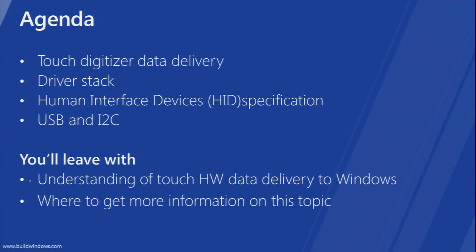Now we're going to talk about two buses that we're concentrating on for Windows 8. That's USB and I2C. And I expect that once this talk is over, the listeners will be able to take away a good understanding of how touch hardware data is delivered to Windows, and know about the resources where they can get more information about what Windows 8 is all about as it relates to touch hardware.